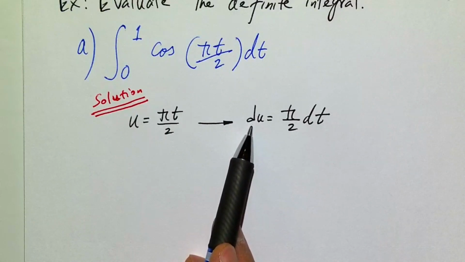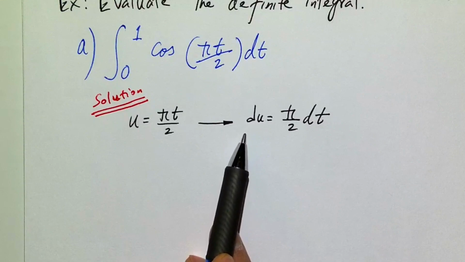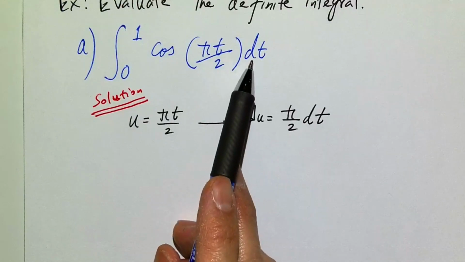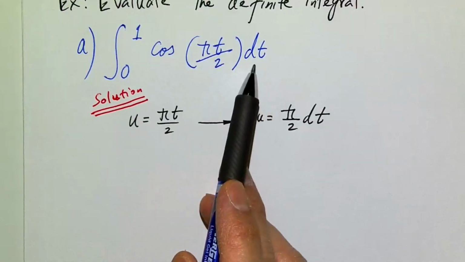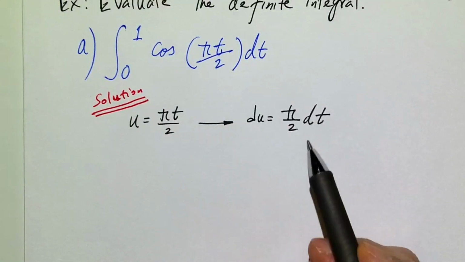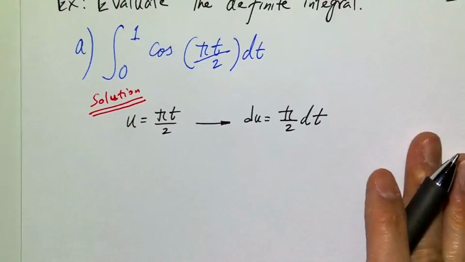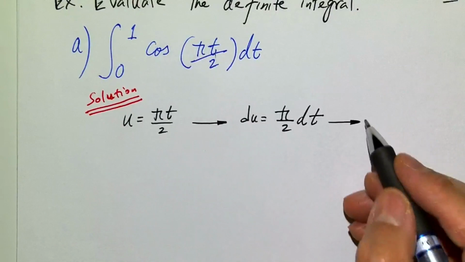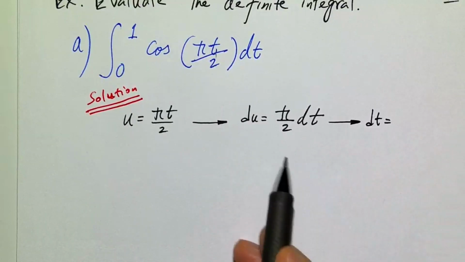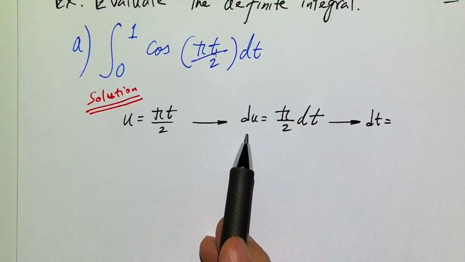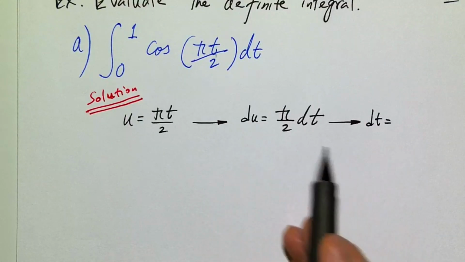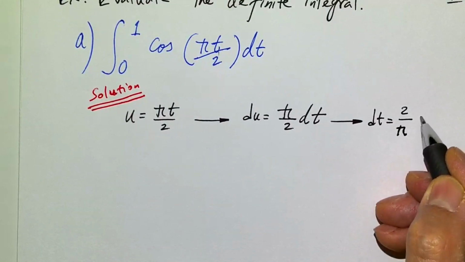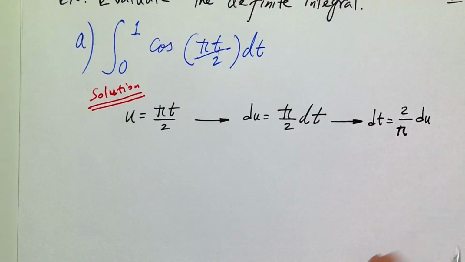No, we can't, so let's see what we need to do. So that's u. So we're okay here. The dt is a problem here, so from here, let's extend this, because we're okay with this part, but dt, if you multiply both sides by 2 over pi, you're going to get dt on that side, and then on this side you're going to get 2 over pi du.